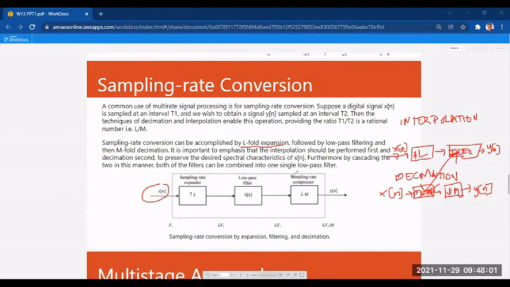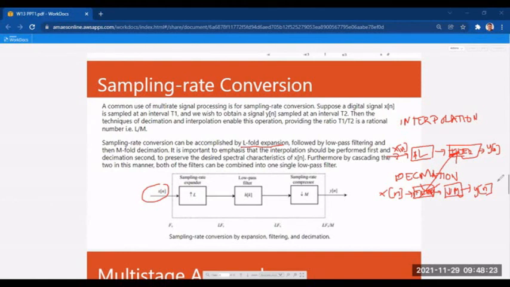So if we do decimation first, quality destroyed, then we do filtering, then the sampling rate expander. So no matter how high the sampling rate applied by our interpolation, whatever is left after decimation will only be the quality that will be interpolated.